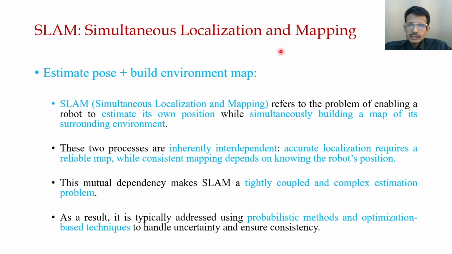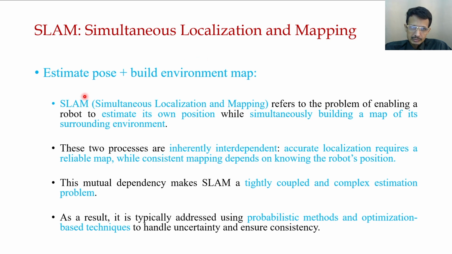And these two are done simultaneously. So basically, if we explain it in a more technical way, it is estimating the pose, and based on this pose, we build the environment map or surrounding map.